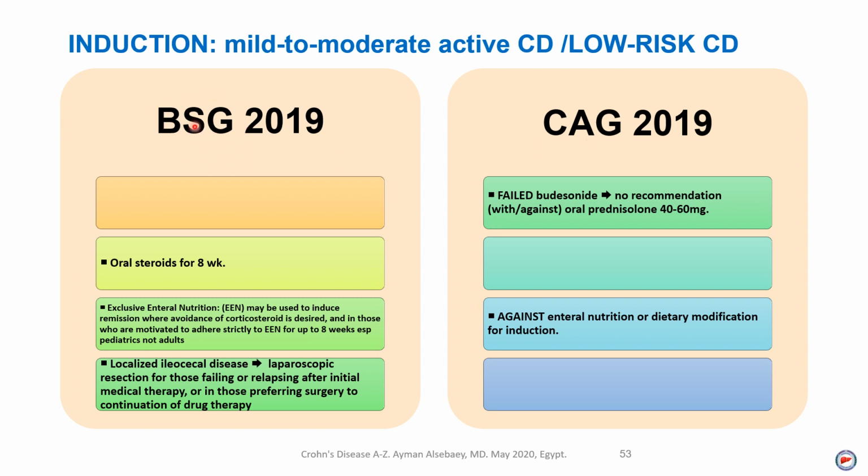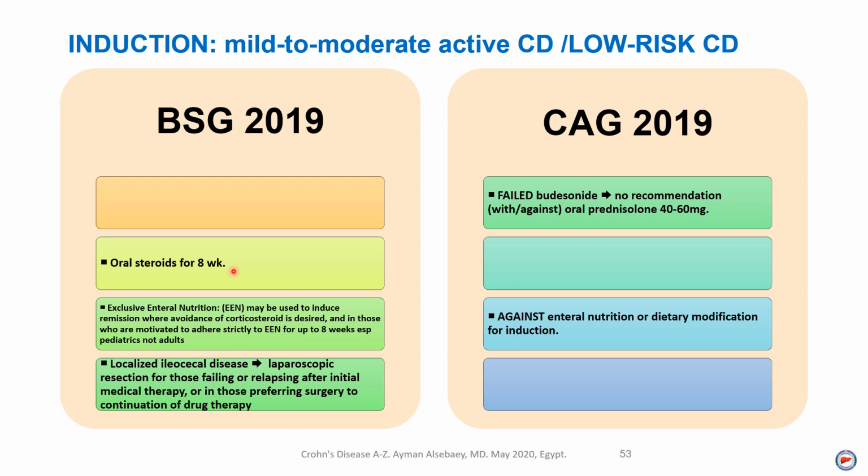The British Society of Gastroenterology said for any Crohn's disease, whatever the site, colon or intestine, always use oral steroids as long as it is mild disease or low risk disease. The BSG gave another point.